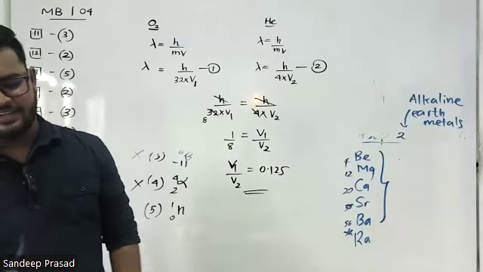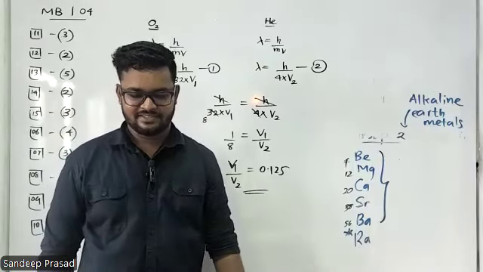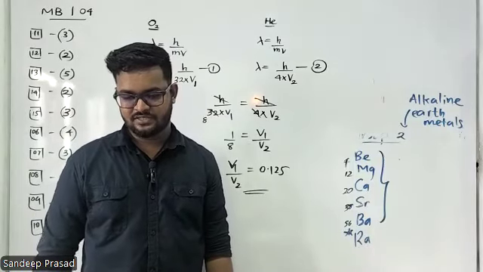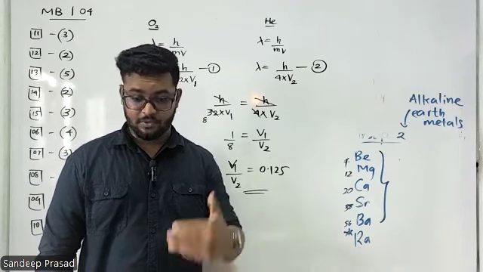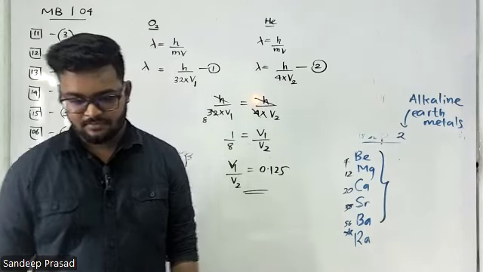Yeah, if they had given helium first, then it would be 8. But they have given oxygen first, so we have to consider the proper order also. Okay. Order is also important.